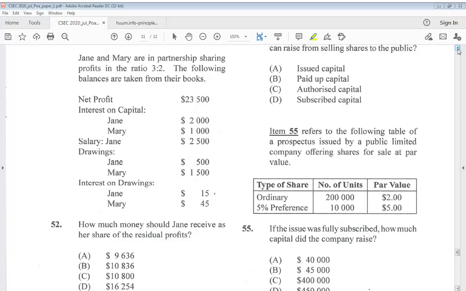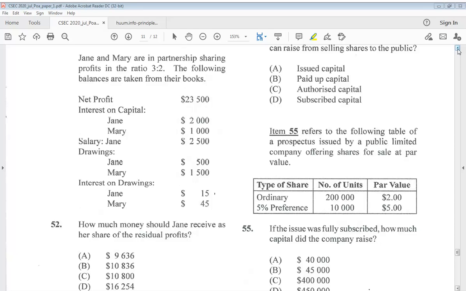What we do next is we less our interest on capital. And there we have Jane $2,000, Mary $1,000. And that's a total of $3,000. Then we have our salary for Jane, $2,500. And what we do, we simply add our salary with our interest on capital, and that's a total of $5,500.